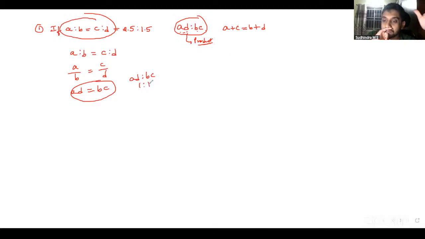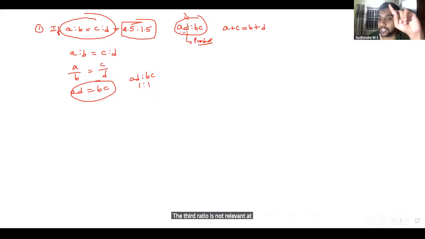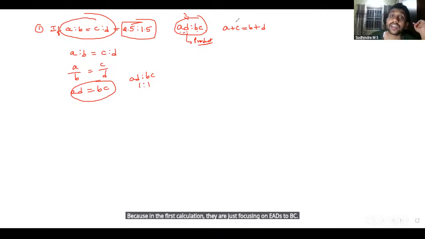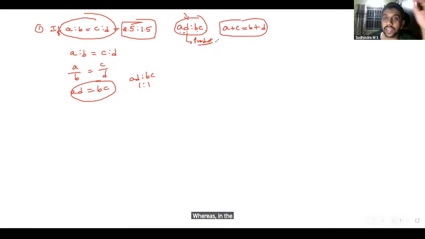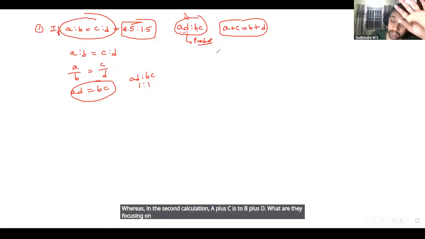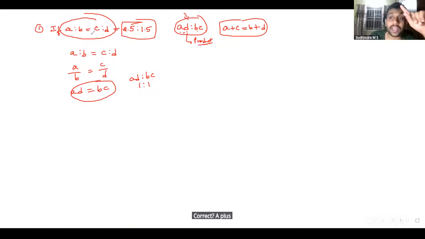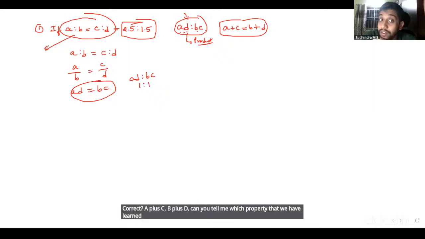Everyone? Yes. So the third ratio is not relevant at all for the first calculation, because there they are just focusing on AD is to BC. Whereas in the second calculation, they are focusing on A plus C is to B plus D. Which of the properties we have learned do I have to apply?